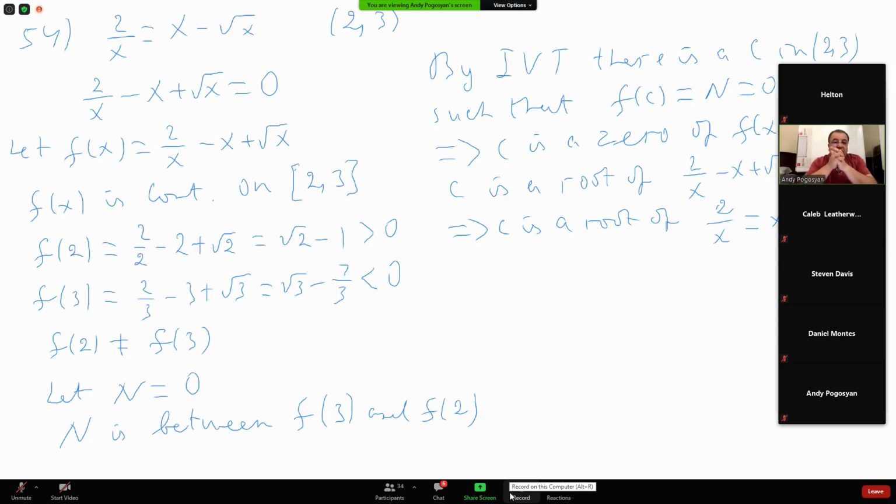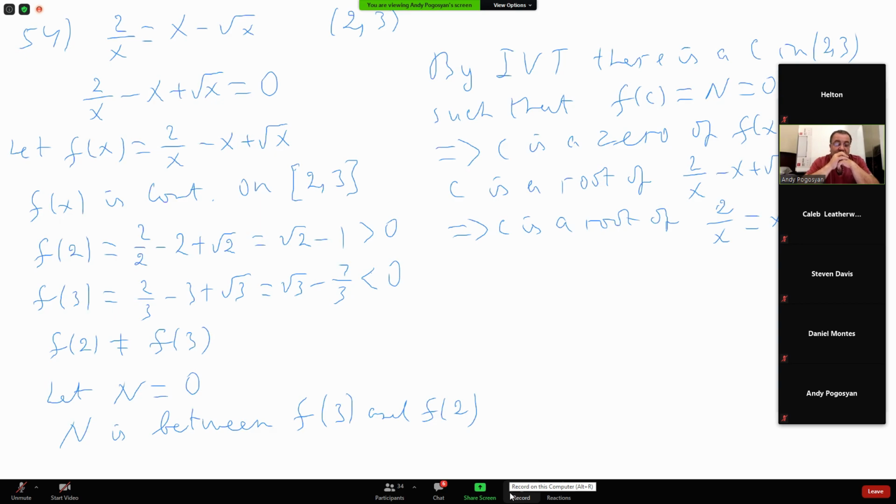So first we construct a function, but in order to do that, all terms should be on one side of the equation. Then assign a function to that one. Write that the function is continuous on a closed interval, otherwise you cannot use the theorem. And then show that f has different values with opposite signs at the endpoints of that interval.